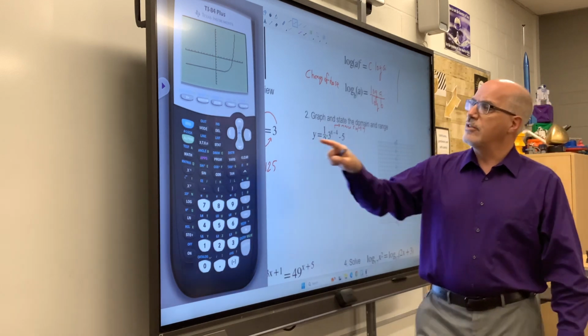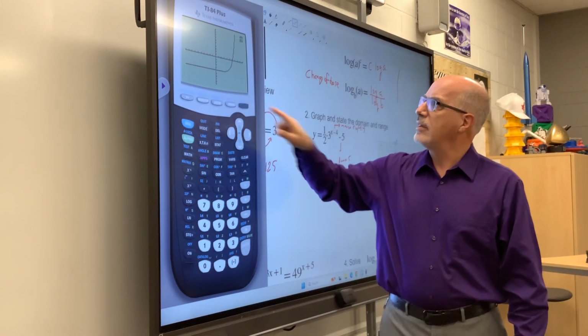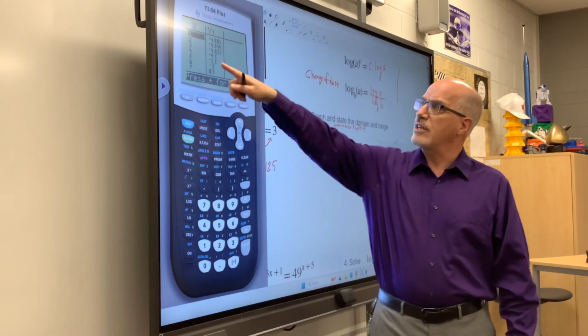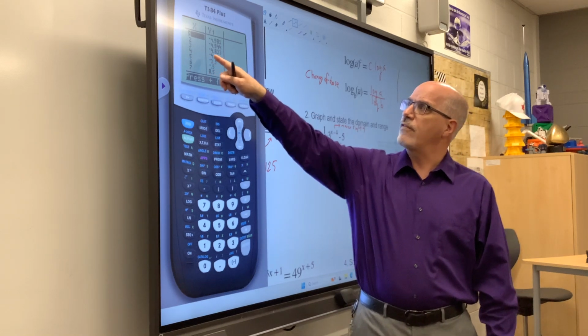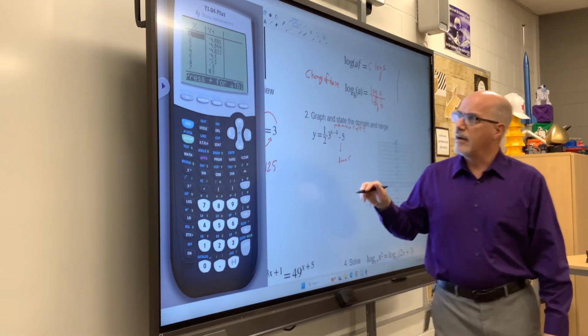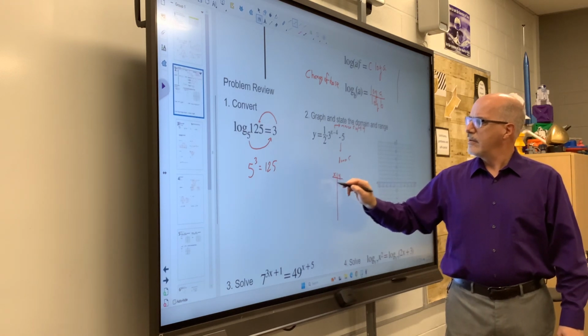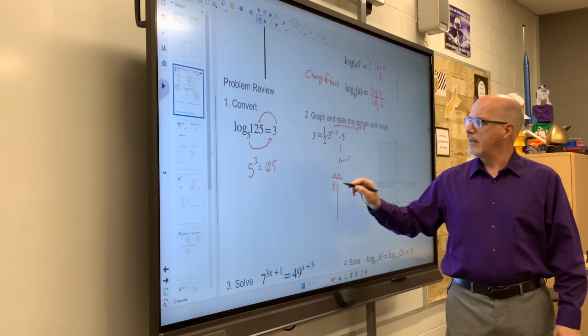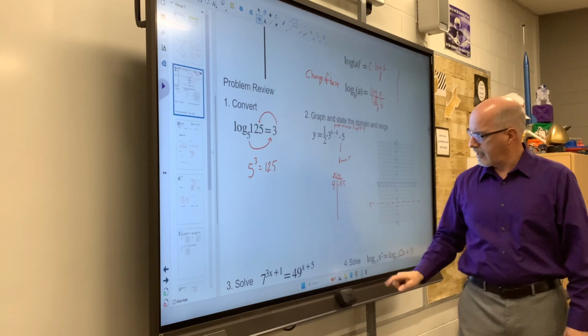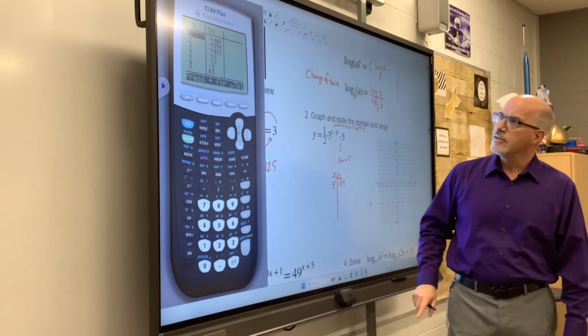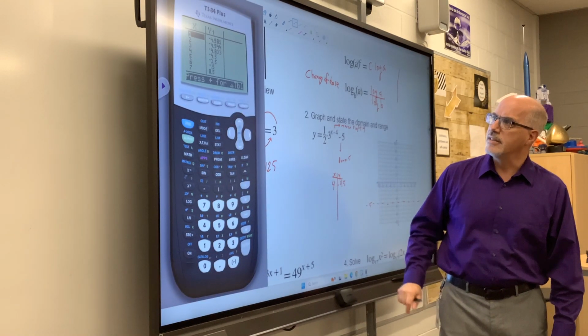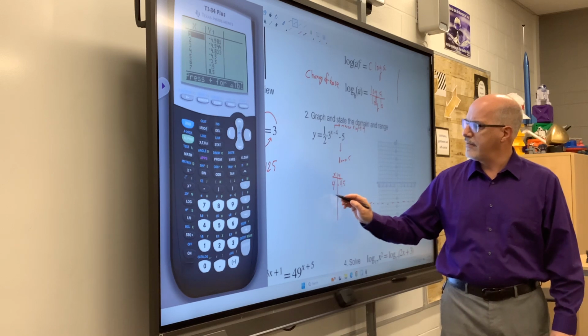So all you need to do is go to your table, get some values here out by 4. So notice at 4 it's at -4.5. Get a couple more values here. So let's see, 6 is at -0.5.